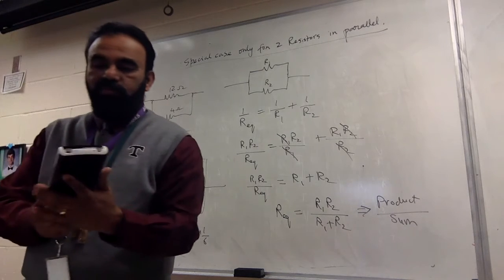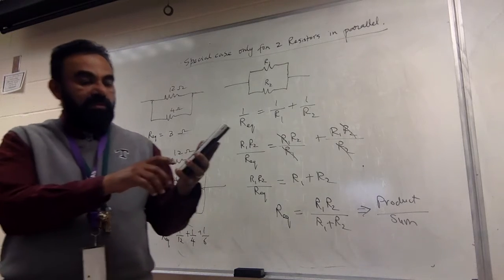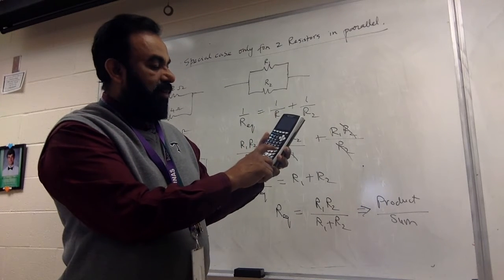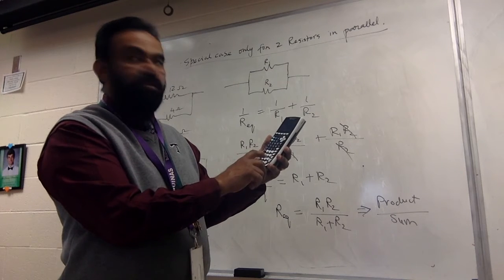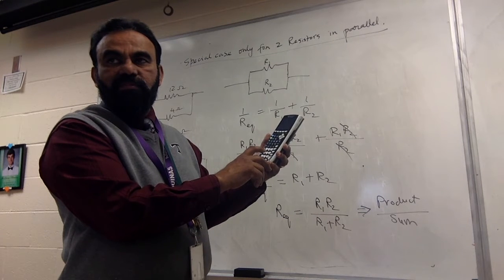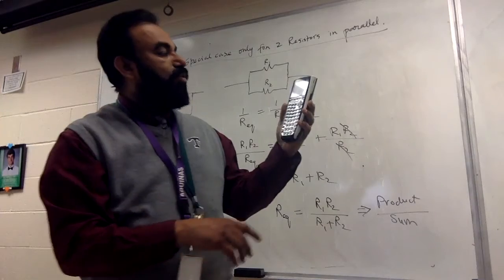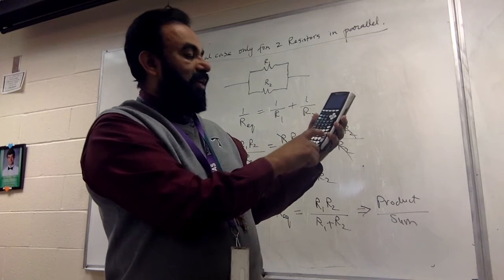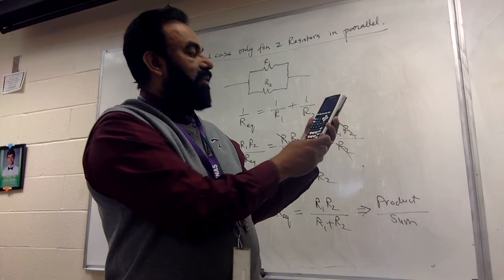So if I want to do this particular problem, I'll do bracket 1 divided by 12, close bracket, plus the next term over 12, plus open bracket 1 over 4, close bracket, plus open bracket 1 over 6, close bracket, enter.